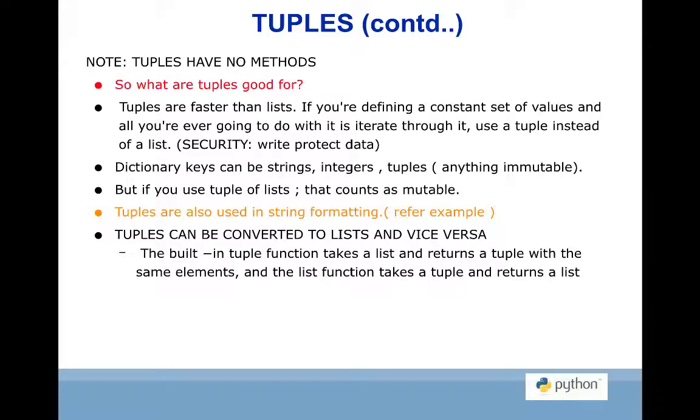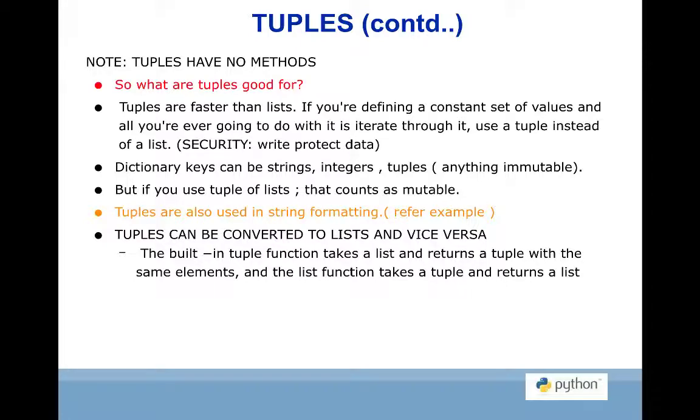If your program is executing using a list of some set of values, and your program is executing using a tuple of those values, the one which is using tuples will be faster. So if you are very sure that you are going to define a constant set of values, and all you are ever going to do is iterate through it and never modify it, tuple is the right structure to be used.